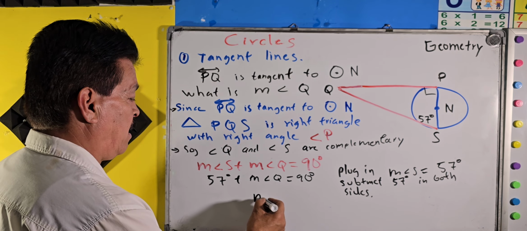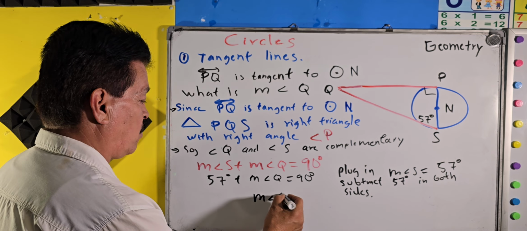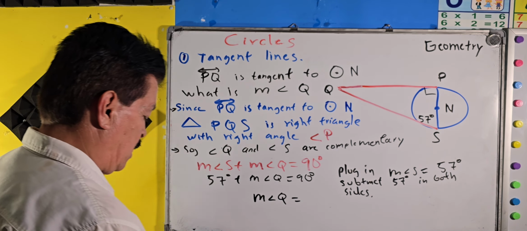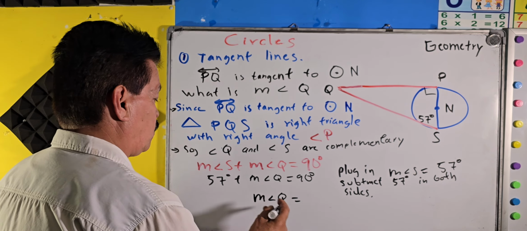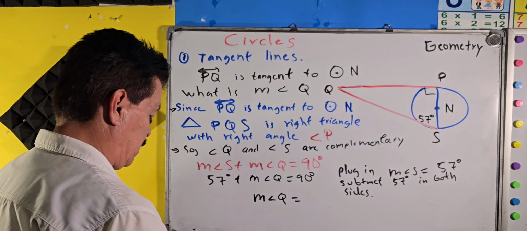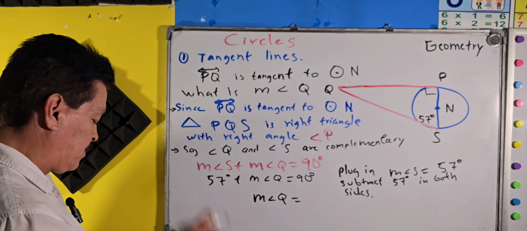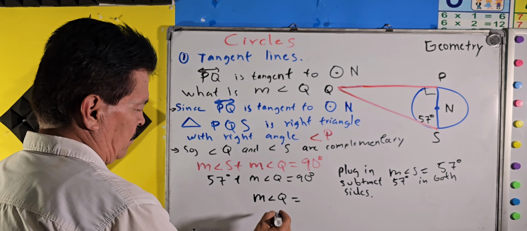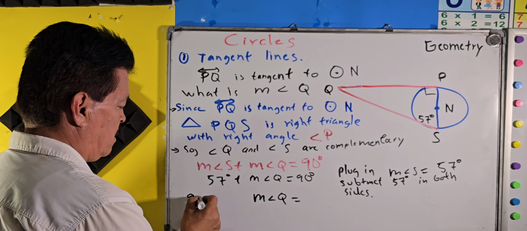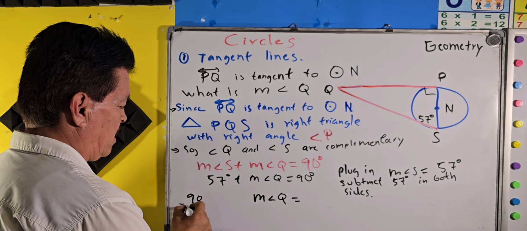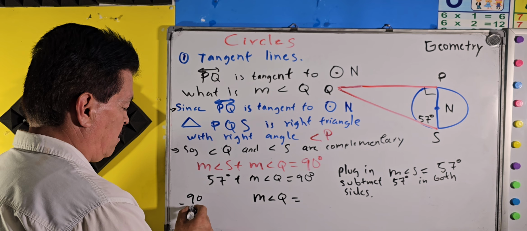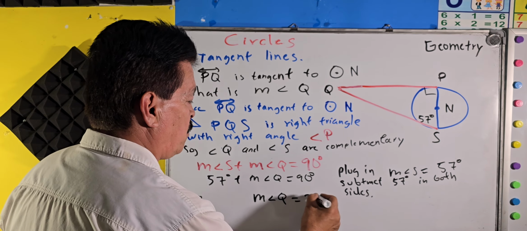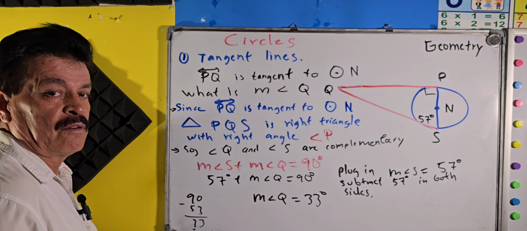You will have measuring of angle Q equals 90 minus 57. So 90 minus 57 equals 33 degrees. All right.